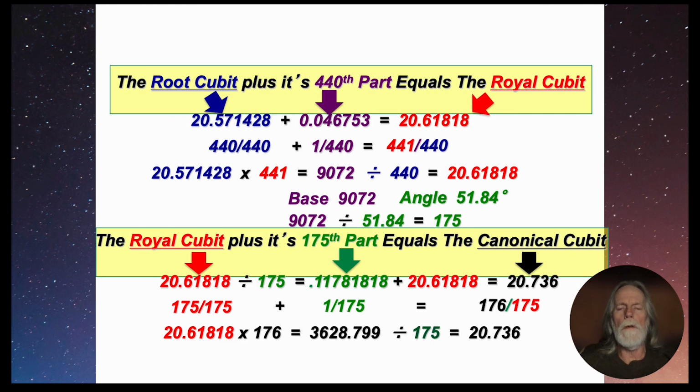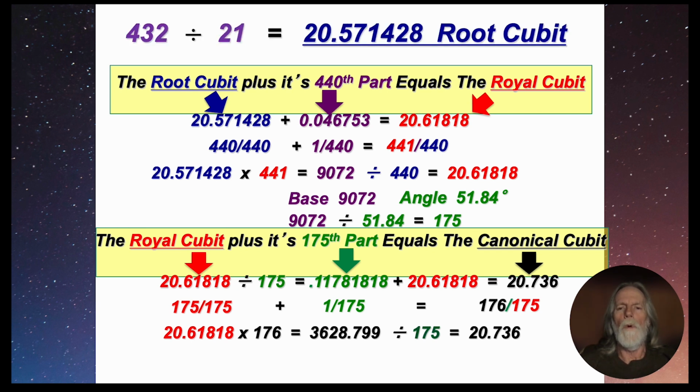In my book, the Giza Template, Temple Grail Earth Measure, I cover the different cubits and how they are obtained. So we'll cover a few here. Beginning with 432 divided by 21, we obtain the root cubit.